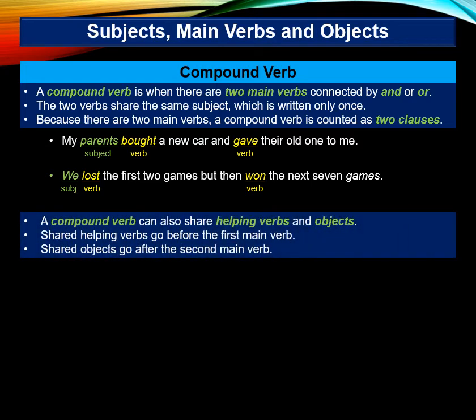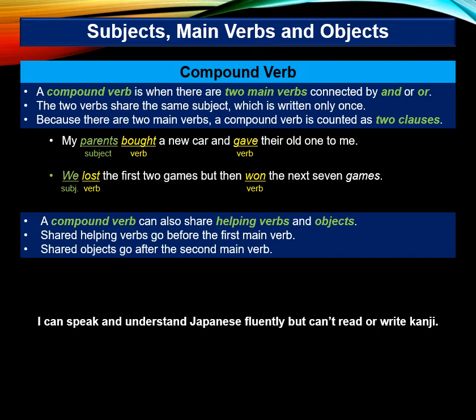A compound verb can also share helping verbs and objects. Shared helping verbs go before the first main verb. Shared objects go after the second main verb. So let's look at this sentence. I can speak and understand Japanese fluently, but I can't read or write kanji.